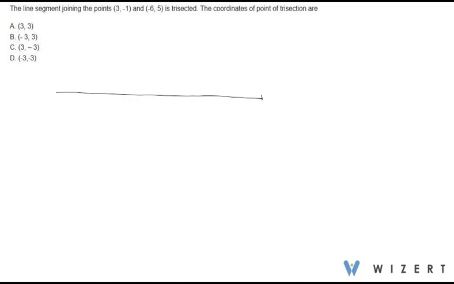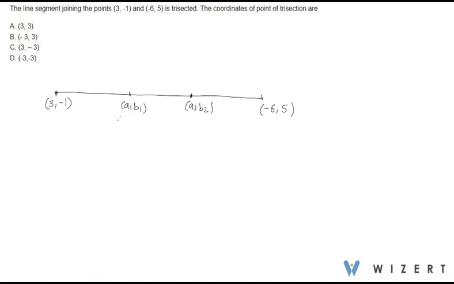This is the required line. This point has coordinates (3, -1) and this has (-6, 5). Now a point where this line is trisected, we have such two points, right? So it can be (a1, b1) or (a2, b2).